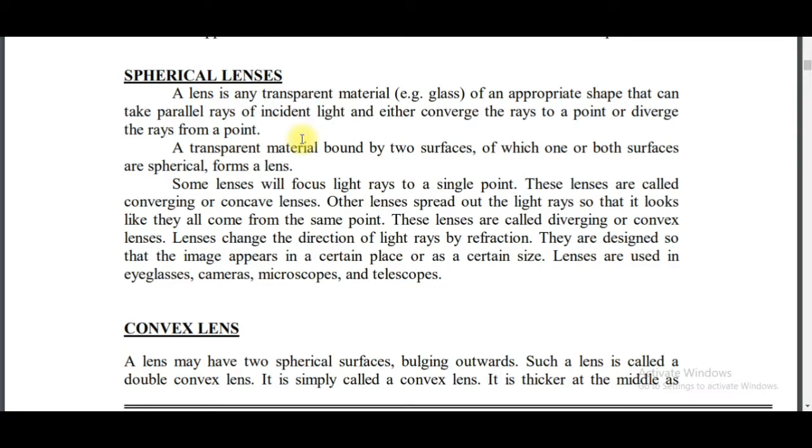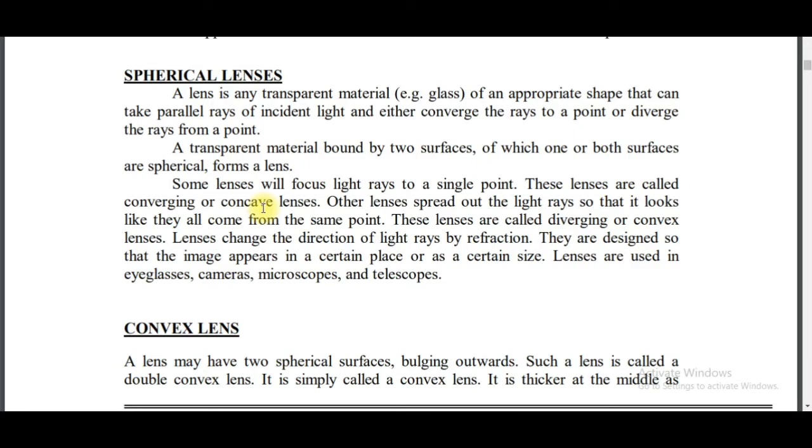The incident rays coming from a distance pass through the lens, and while passing they get refracted, that is, they shift a little bit. After they come out of the glass, refraction takes place again at that surface, and they are bent a little more. So a lens is a transparent material bound by two surfaces, one or both of which are spherical.